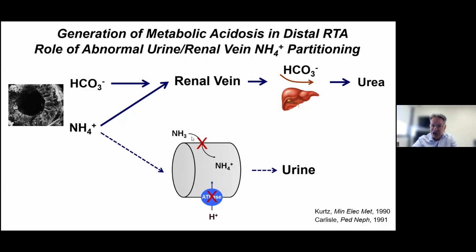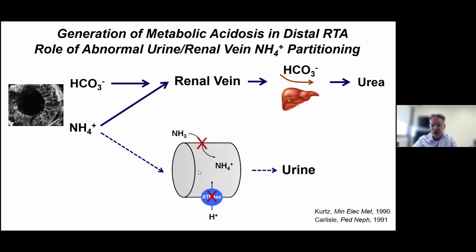You have to have an NH3 gradient. In the absence of an NH3 gradient, you won't get NH3 coming into the urine, to be converted to NH4 plus. So how do you get the gradient? You get the gradient through the process of changing the pH in the lumen of the collecting duct, because when the pH gets more acidic, you convert the NH3 there to NH4 plus.